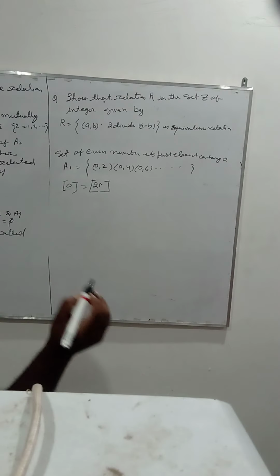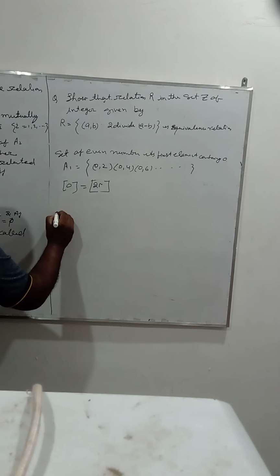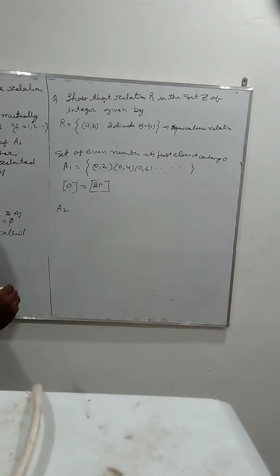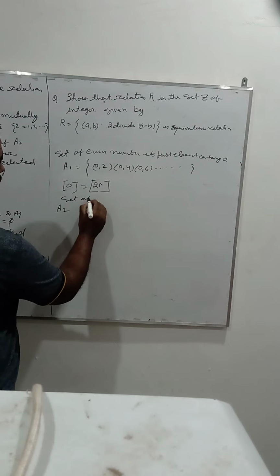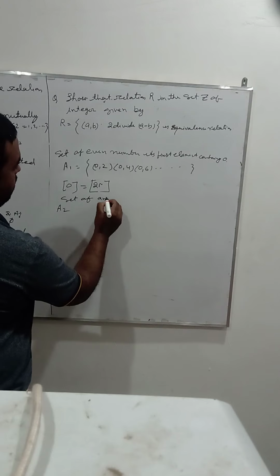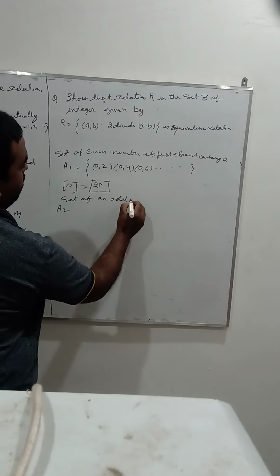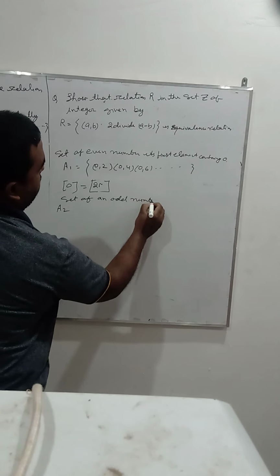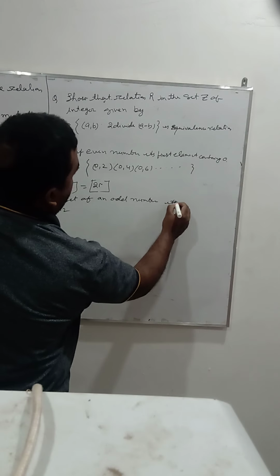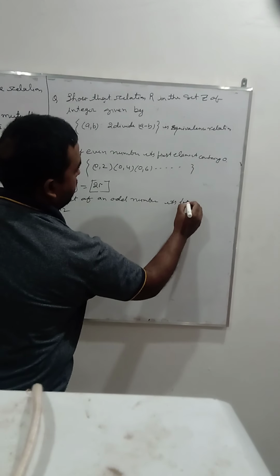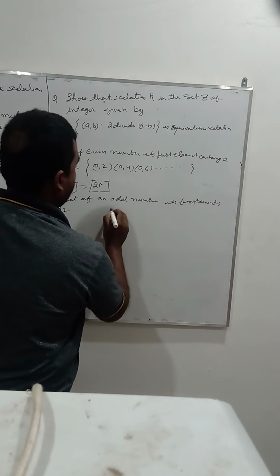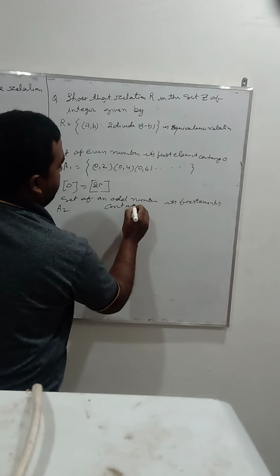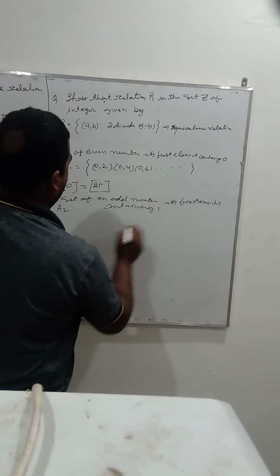Now let us divide into another set, A2, the set of odd numbers, its first element containing 1.